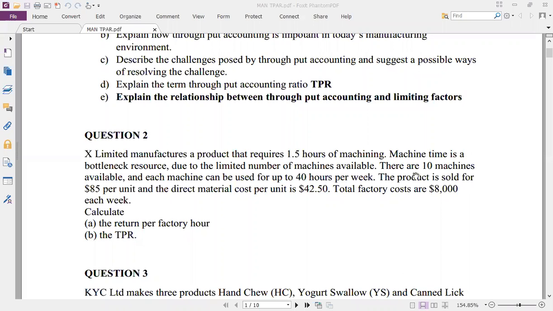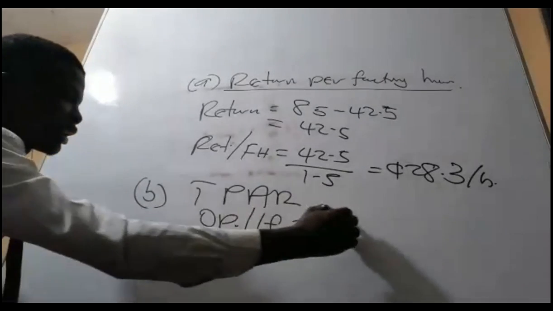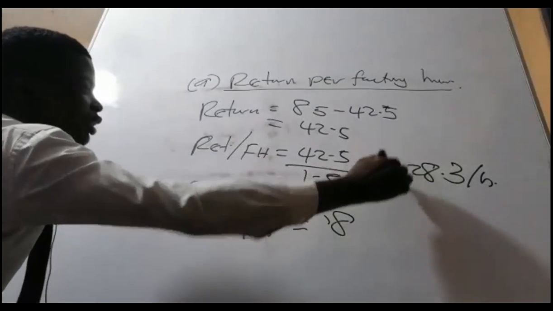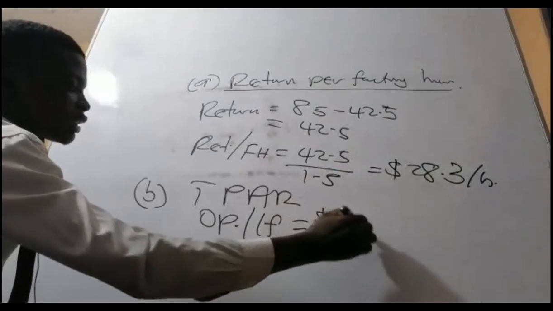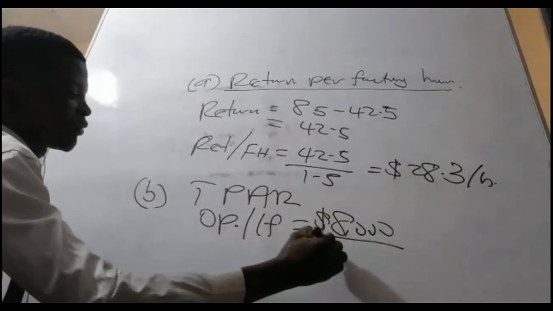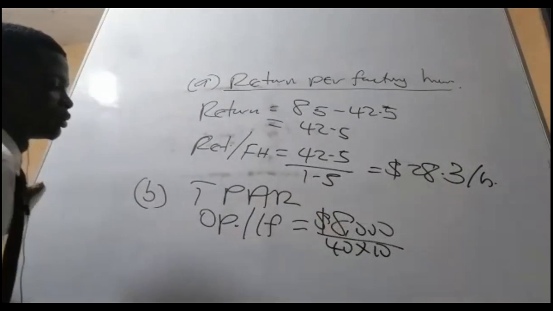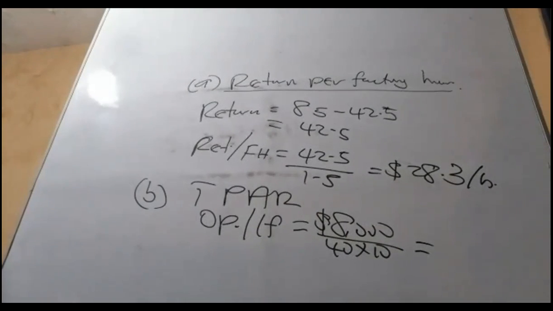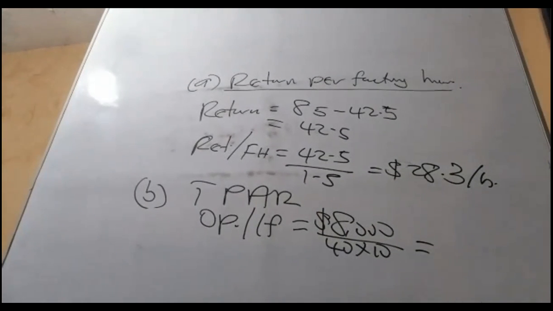We have 10 machines available. Each of them works up to 40 hours. So total machine hours should be 400 machine hours. So it will be $8,000 divided by 40 by 10.